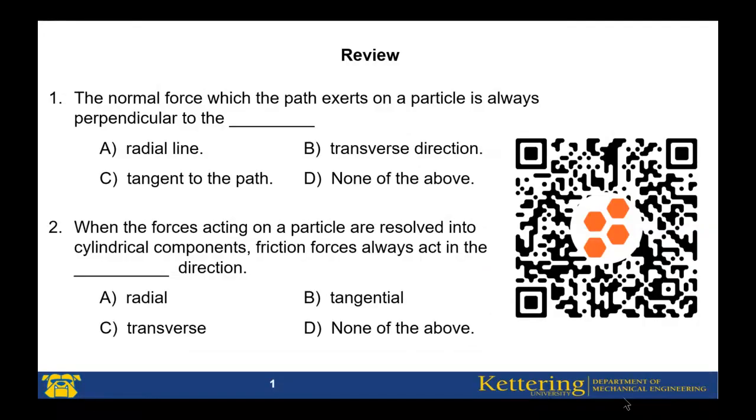We need to use the cylindrical coordinates in 3D or the polar coordinate system in 2D. To use the equation of motion in the radial and transverse coordinate system, we need to draw a free body diagram. And I explained how to draw a free body diagram in the previous lecture.